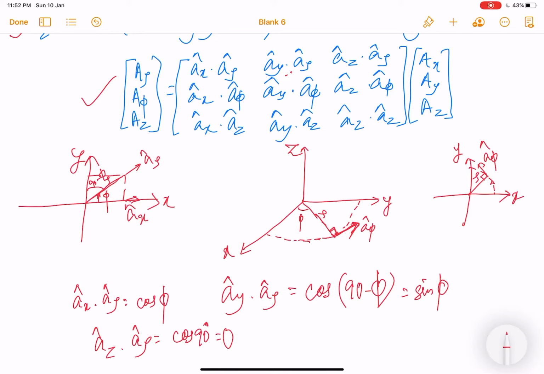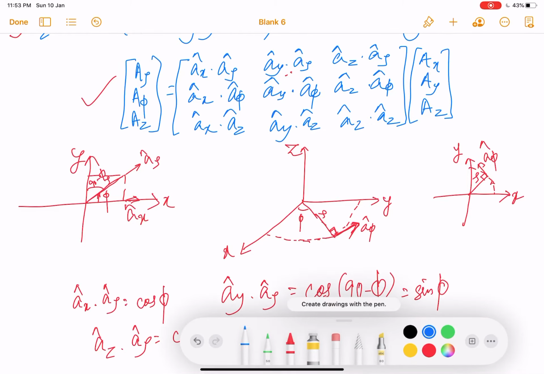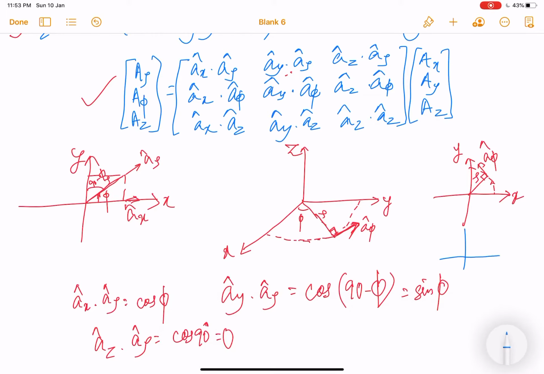Let me draw it again for you. This angle is 90 degrees. Suppose I extend it like this so that you can understand it better. We know this is phi, and since this is 90, this angle will be 90 minus phi.